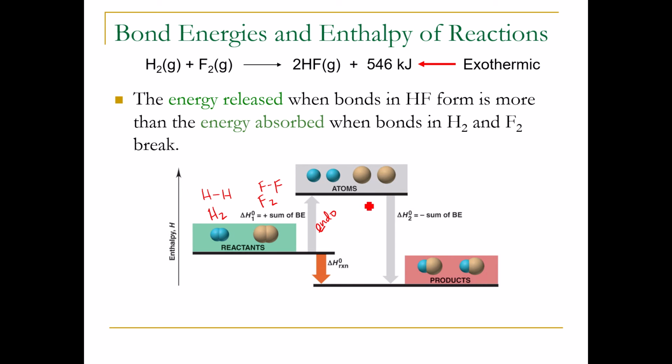Now we're going to rearrange to form the products, putting our H and our F's together. When we do that, energy is released. And then here we have our difference. Because the difference is negative, we have an overall exothermic reaction. And we see that listed up here. The 546 is on the product side, so it's exothermic.